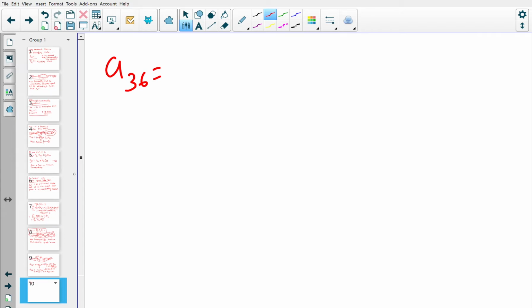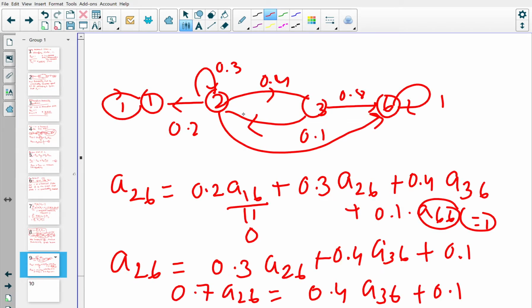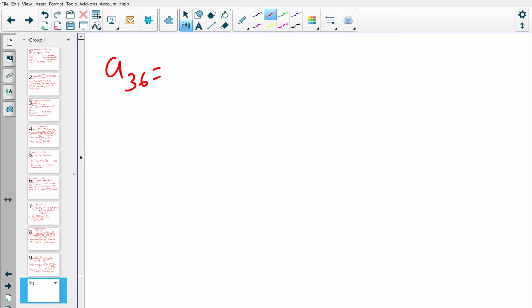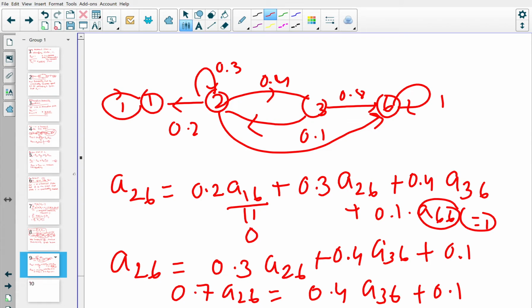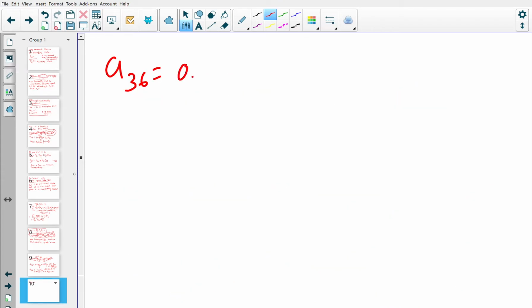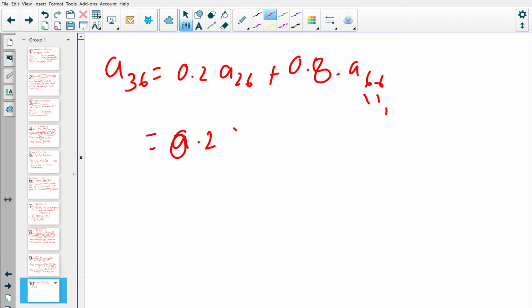Now from 3, either you can go to 2 or you can go to 6. There are two options only. You can go to 2 with probability 0.2, so this is 0.2 into A26 plus 0.8 into A66. That means you are inside 6, and the absorption probability is 1, so 0.2 into A26 plus 0.8.